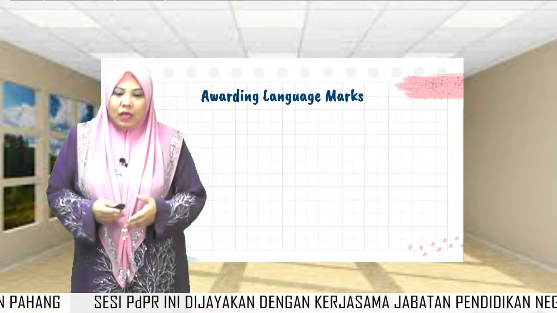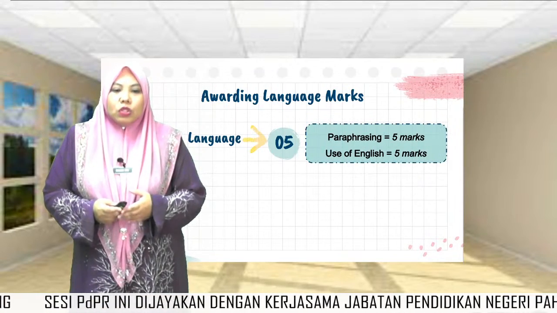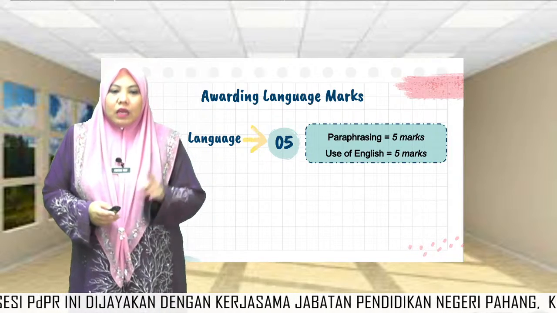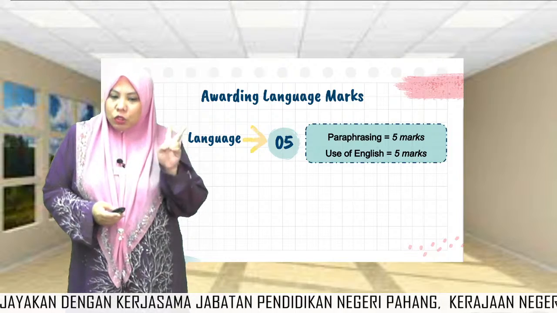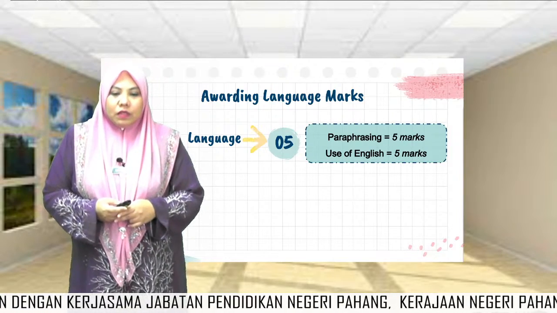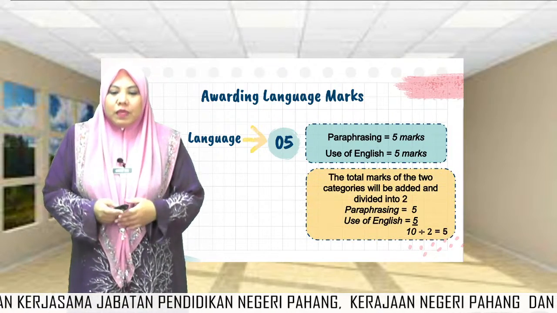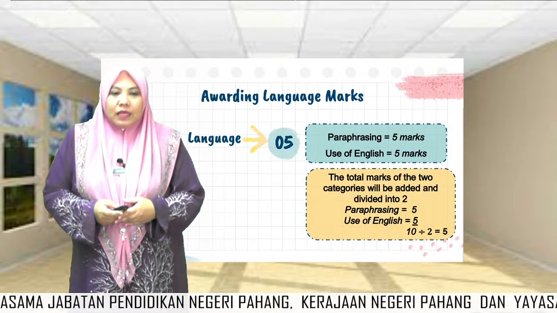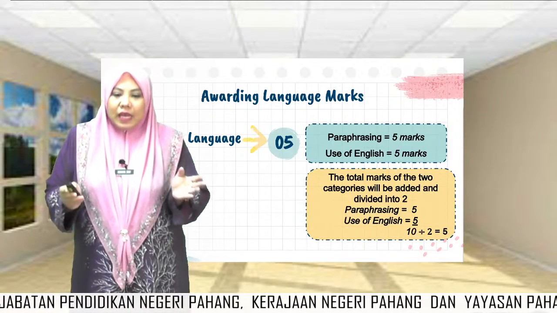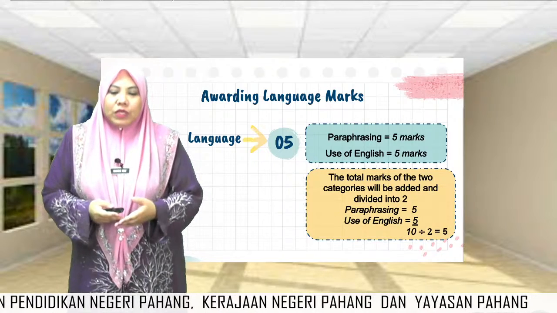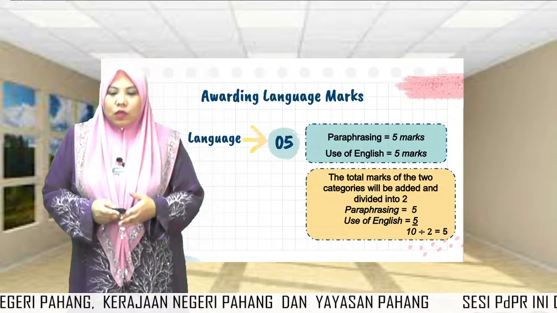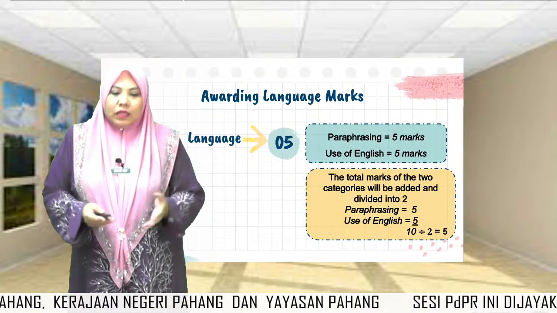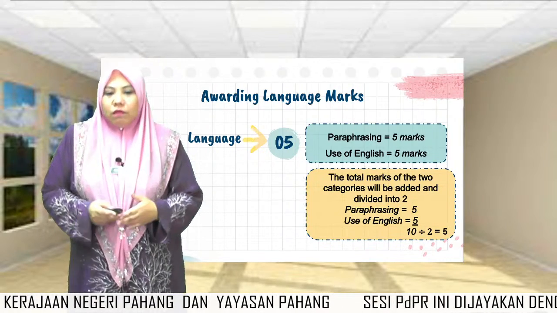Awarding language marks incorporates 2 categories of writing. Number 1, the ability to paraphrase, and number 2, the use of English, which assesses the ability to form original and extended syntax outside the text structures, and language accuracy. The total marks of the language categories will be added and divided by 2 to get the marks for language.